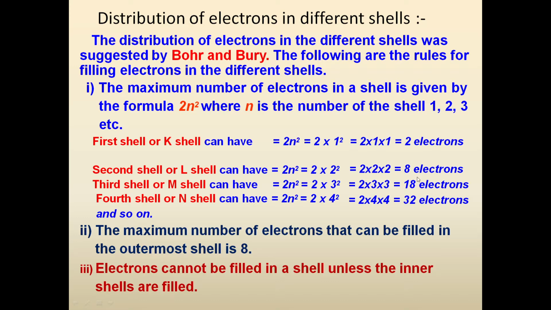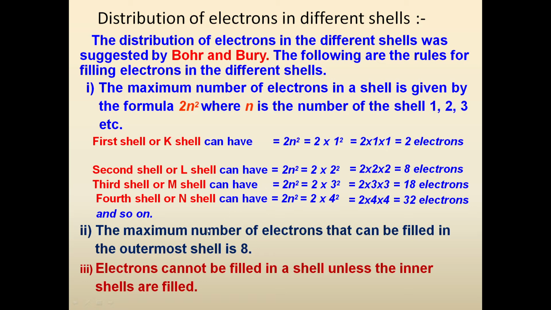Third shell or M shell can have a maximum of 2 into 3 square, that is 18 electrons. Similarly, the N shell, that is the fourth shell, can have 2 into 4 square, 32 electrons to the maximum extent. So in this way, by this formula 2n square, we can get an idea about the number of electrons present in a particular shell.